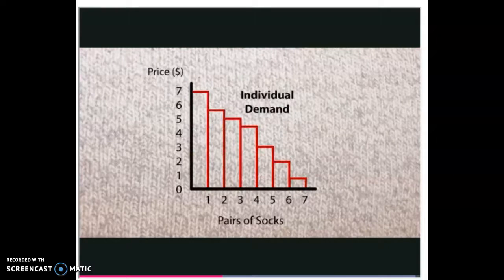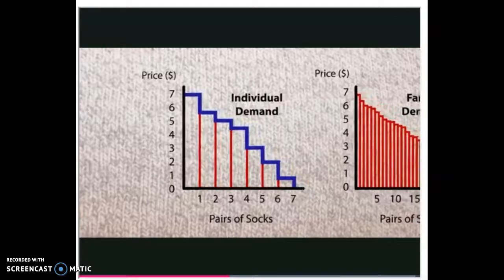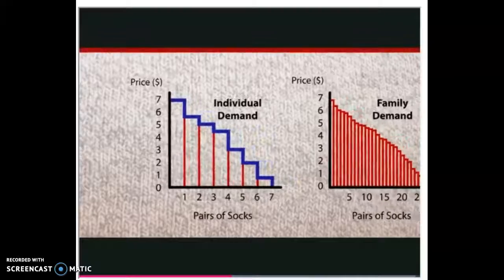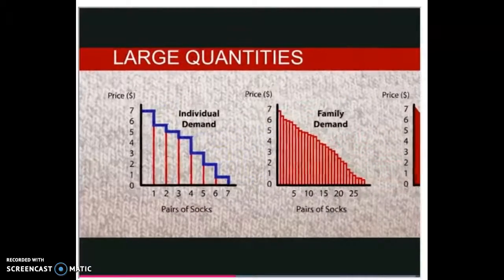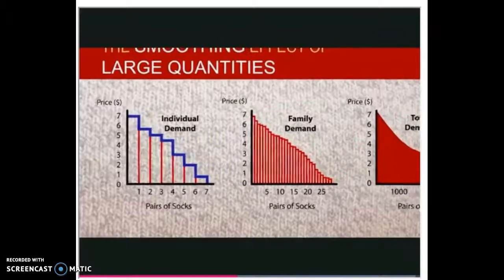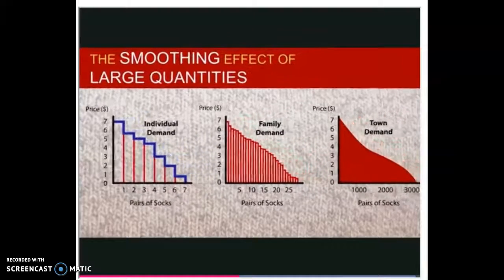We've been talking about demand curves for small quantities of a good, which, like your demand curve for sweaters, look like staircases. Most demand curves are drawn as smooth lines. This is more than a simplification. We can explain the smooth lines by looking at the demand curves for large groups of consumers.